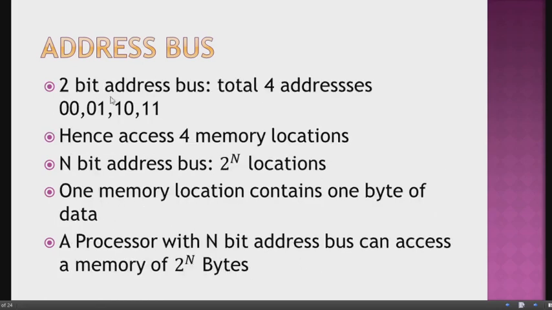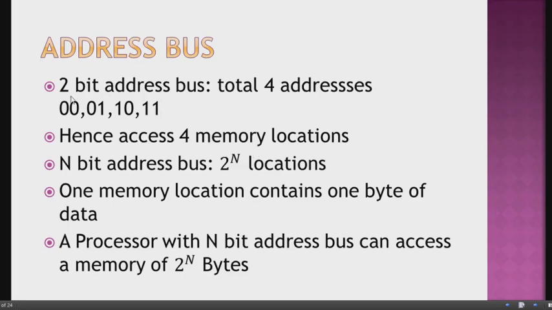Similarly, for a 2-bit address bus, a total of 4 addresses are possible: 00, 01, 10 and 11. Hence, a 2-bit address bus can access a total of 4 memory locations, and so on.